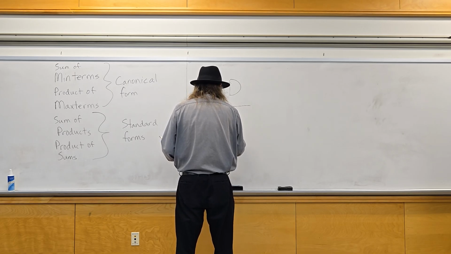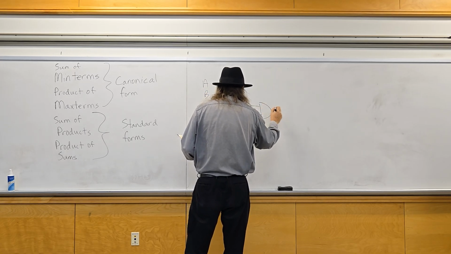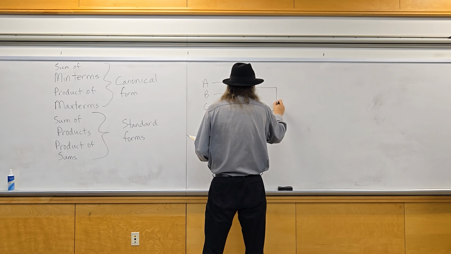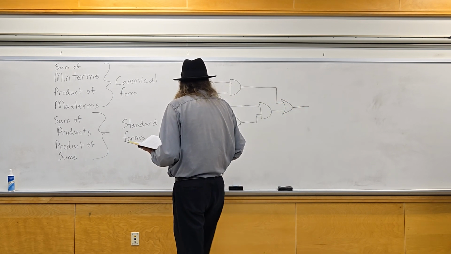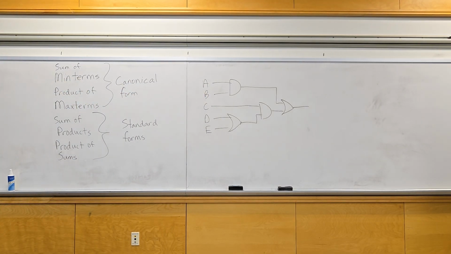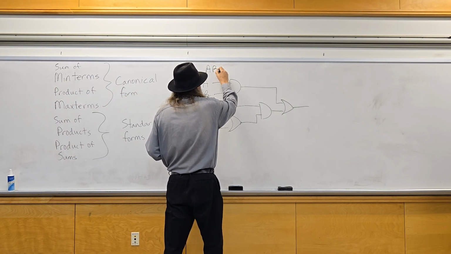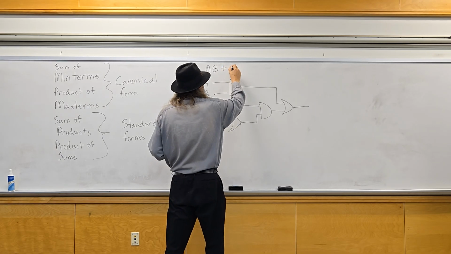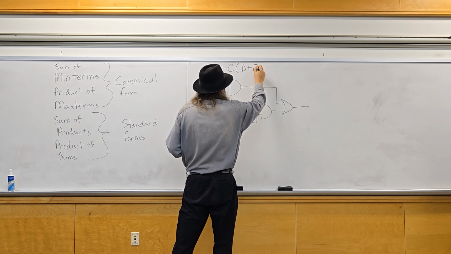OR gate. AND gate. And then OR gate. See, this is a 3-level implementation. The expression is A, B, or C, and D, or E.